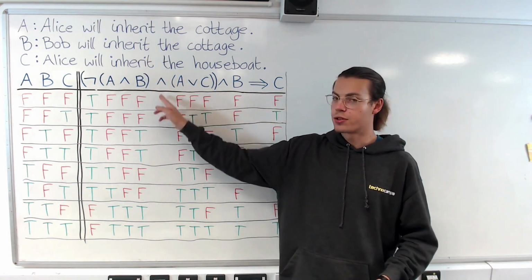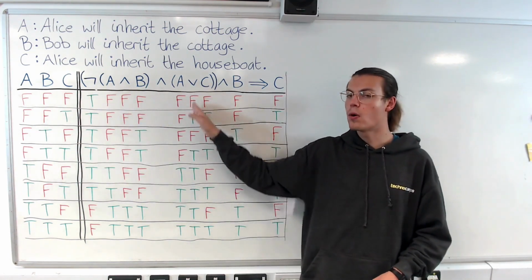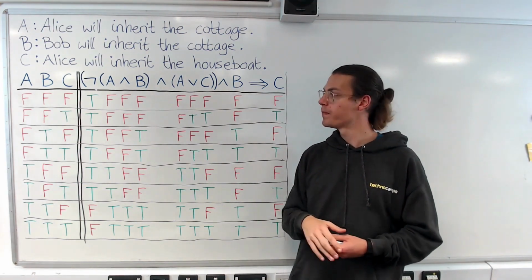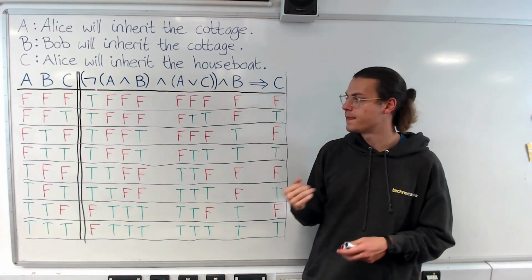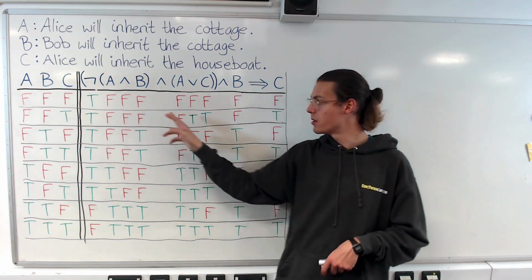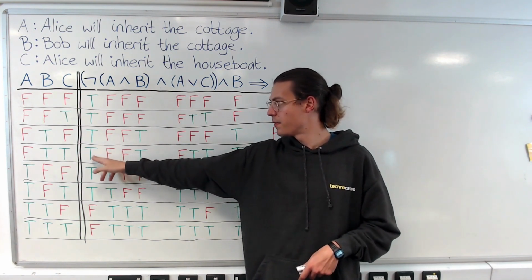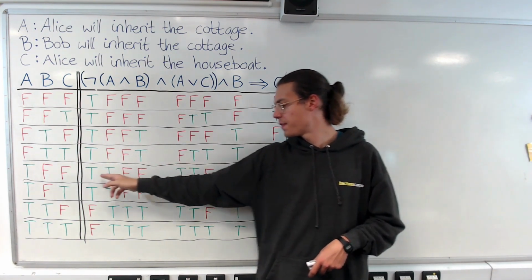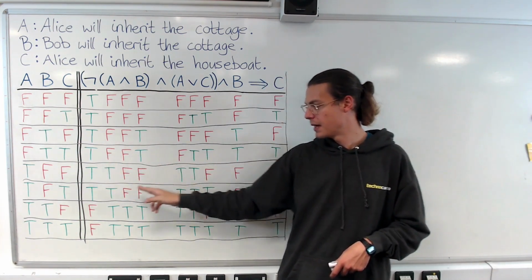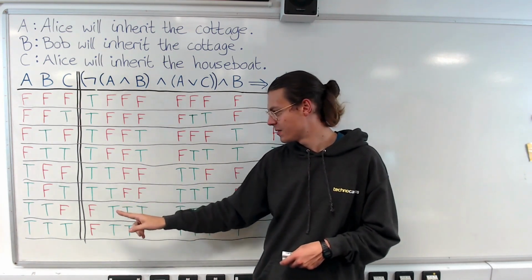So this is true if the not column and the or column are both true, otherwise it's false. So looking at this, the second row is true, the fourth row, the fifth row, and the sixth row, and that's it.